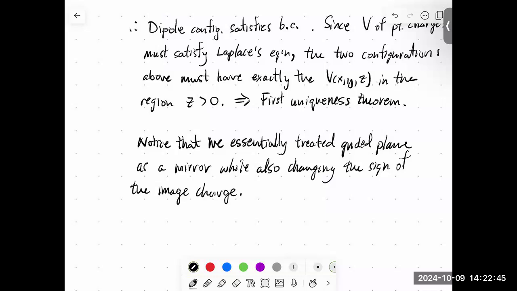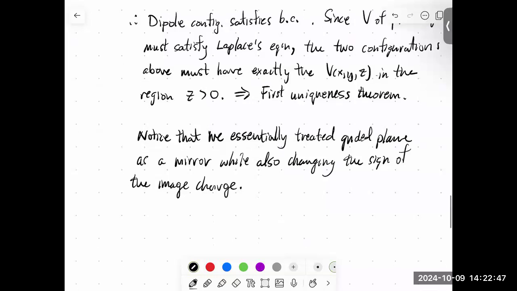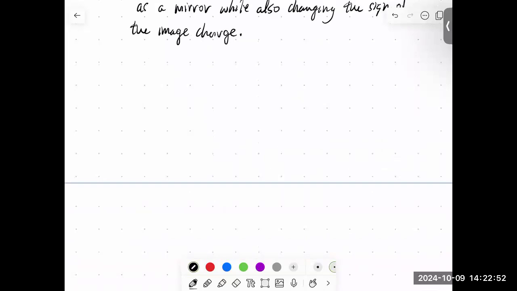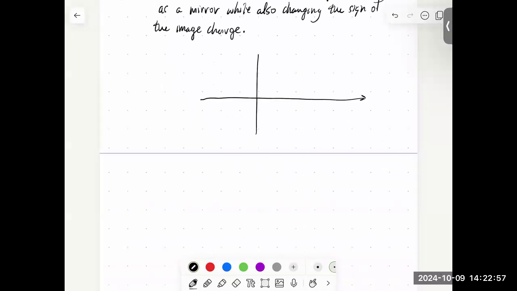Okay, so let's write down the actual solution. Let me draw the geometry again so we can figure it out. Here is our XY plane, and here is Z. Here is our point charge Q, and maybe we are interested in the potential at some point P. As long as P sits above the XY plane, we should be able to write down an answer.